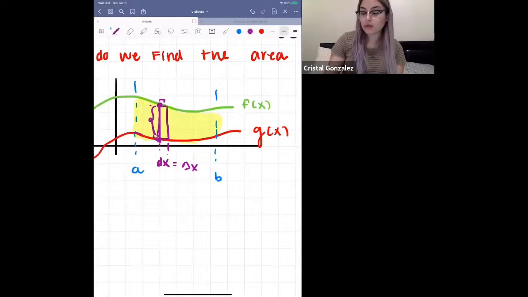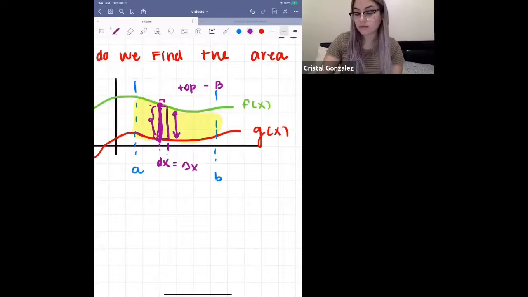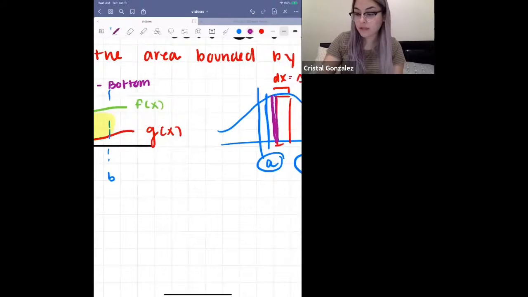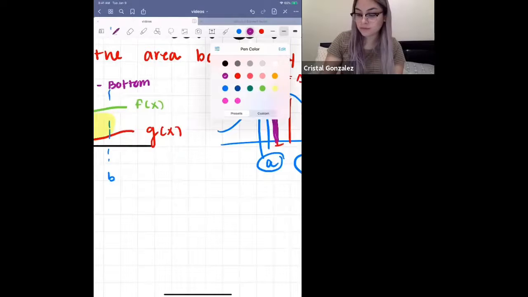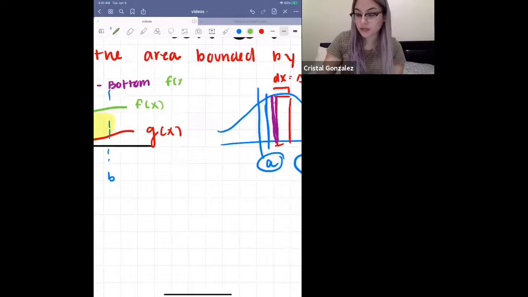So the height of this rectangle is the top function minus the bottom function. In this case, it's our f of x function minus our g of x function.